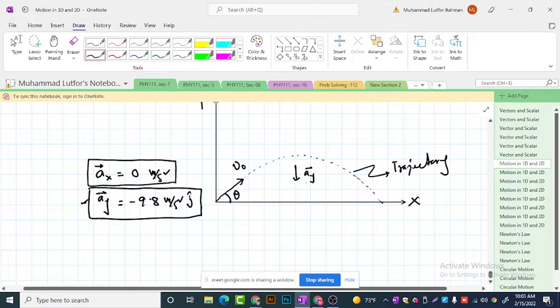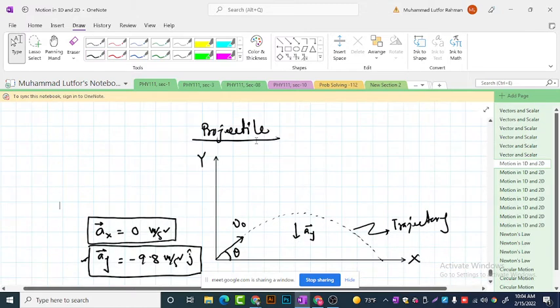So that's why I say this particle has acceleration only in the vertical direction, which is downward, because I chose this as my upward direction. Whether you go upward or come downward, it doesn't care about you. The force on you by gravity is always downward.